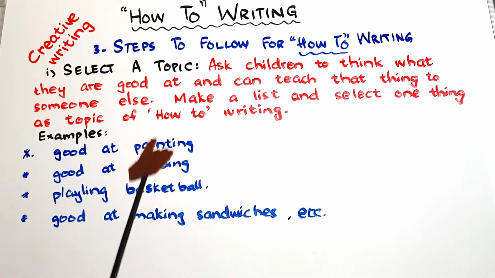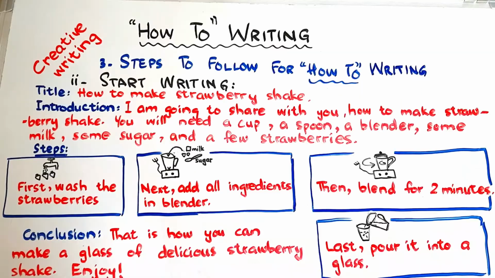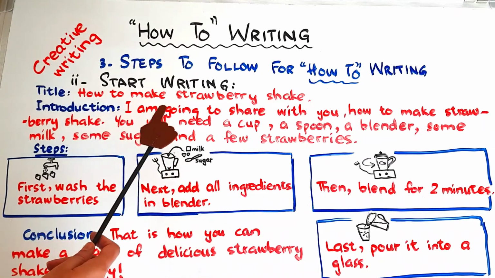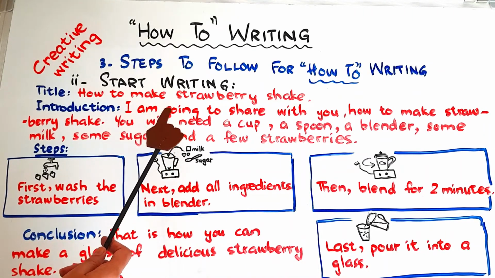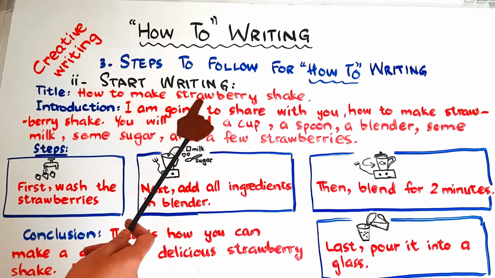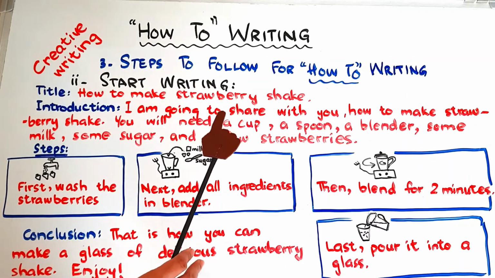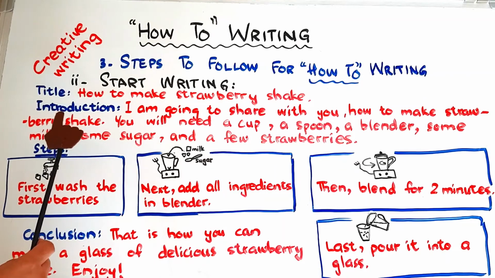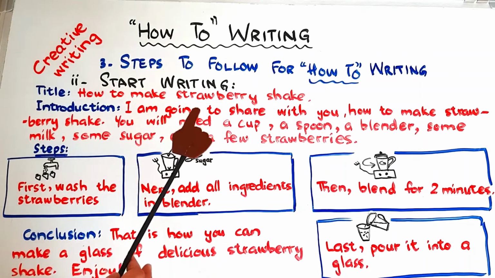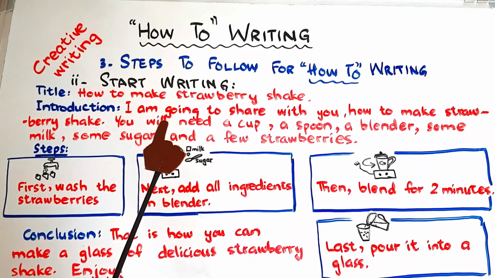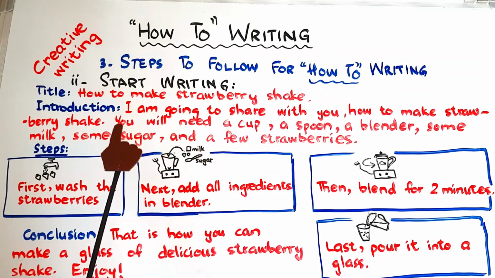Now let's move on to the second step to follow. Once the child has selected the title that he is going to write about, ask him to write it first at the top. Here I have taken the title, How to Make Strawberry Shake. The second thing which he needs to do is to write an introduction, what he is going to do and what are the materials that will be used in the preparation of this thing.